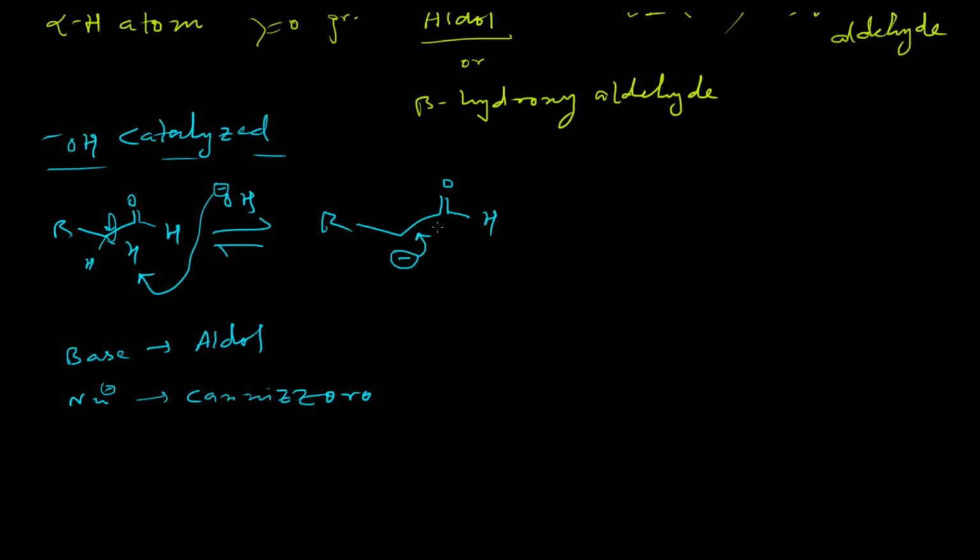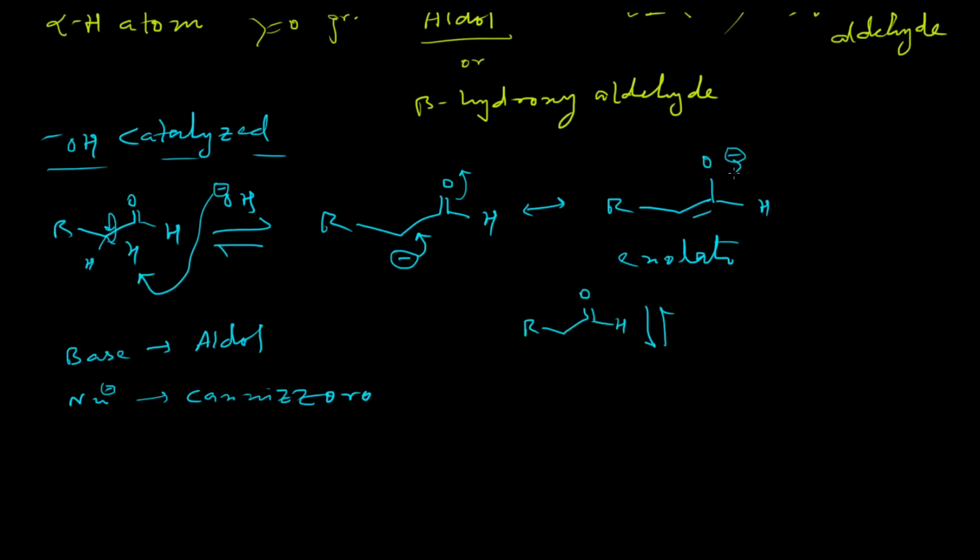And this carbanion will then be stabilized via conjugation. So this is the formation of the enolate. The first step of the aldol reaction is the formation of the enolate. The second step is the nucleophilic attack by this enolate to the carbonyl center of the aldehyde.